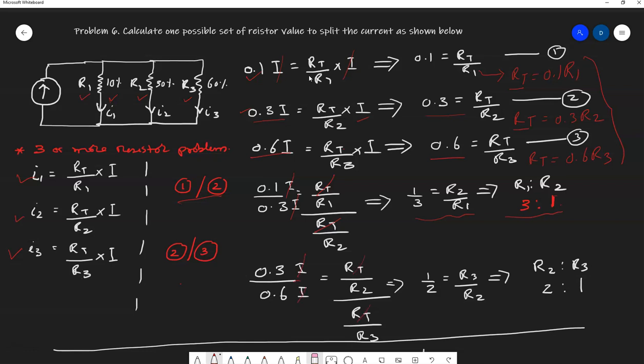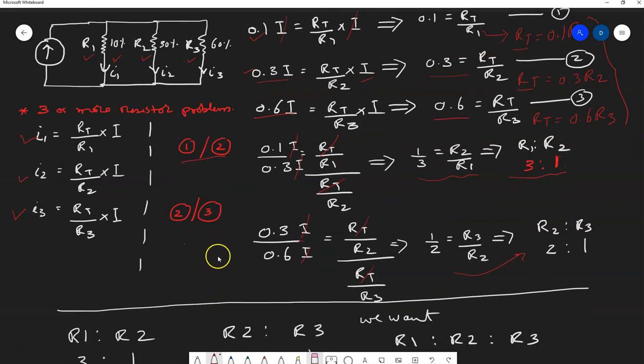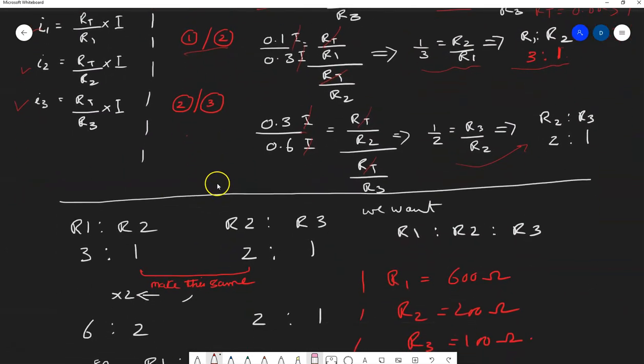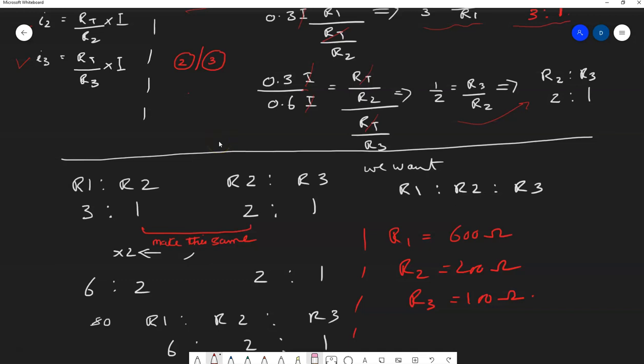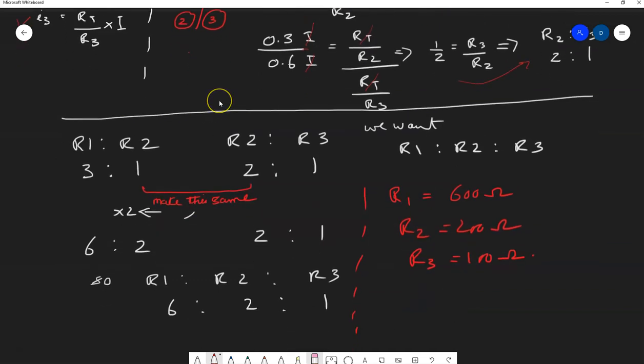You'll end up having half equals R2 by R3, which is, when you convert this to ratio, R2 is to R3 is equal to 1 is to 2. Now, I've just written whatever numbers we got before. So R1 is to R2 is equal to 3 is to 1. R2 is to R3 is equal to 2 is to 1.